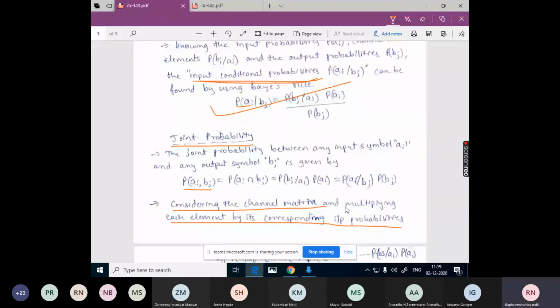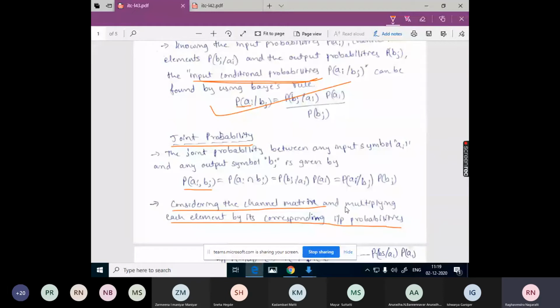Now coming to the third property. The sum of all the elements of the JPM is equal to unity. Not row wise, not column wise, but all the elements of the JPM together are always equal to 1.